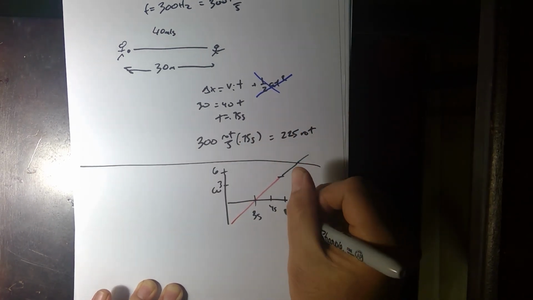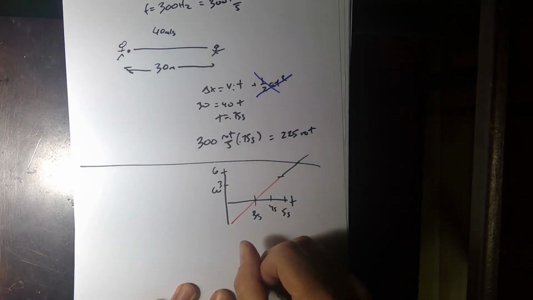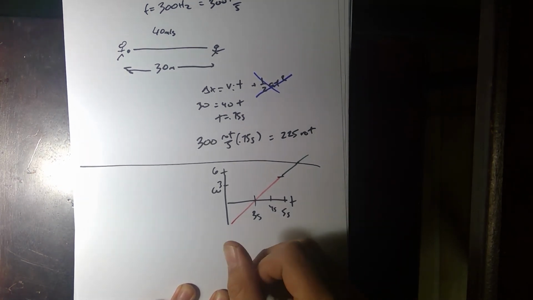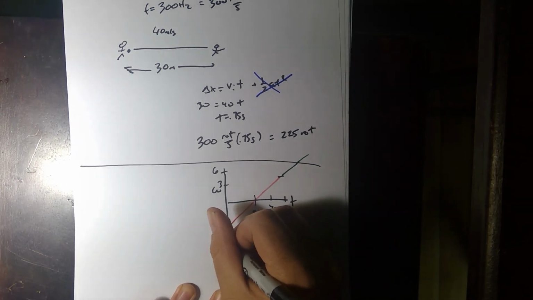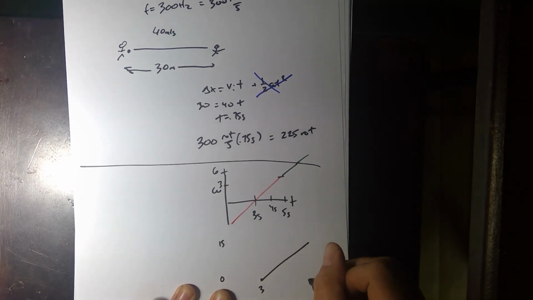Go out to 8 seconds and you're going to get 9 more. So you're going to be looking at a graph that goes from 0 to 15, from 3 to 8 seconds.